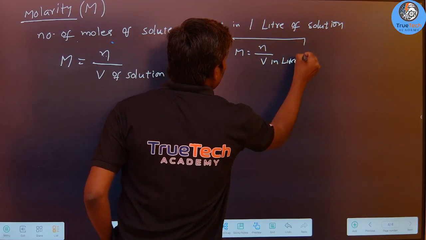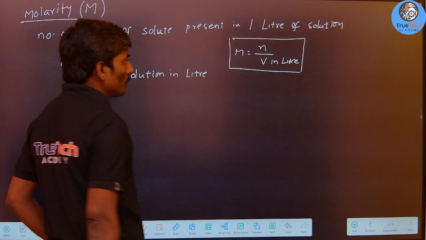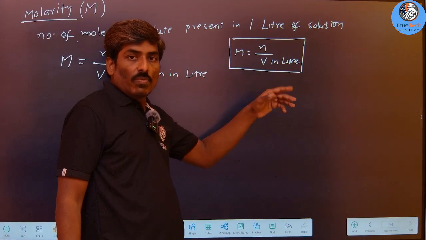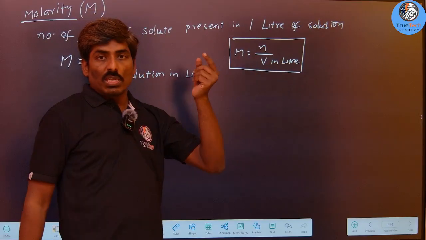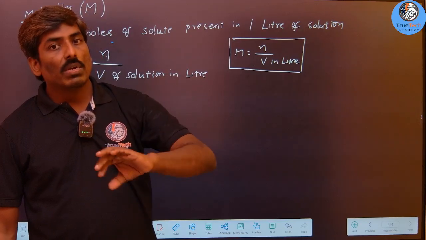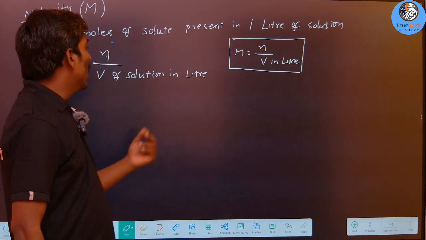So this much please remember. In a question, if they give the volume in liters, it is simple substitution. If they give the volume in ml, we can convert into liters or we can adjust the formula.